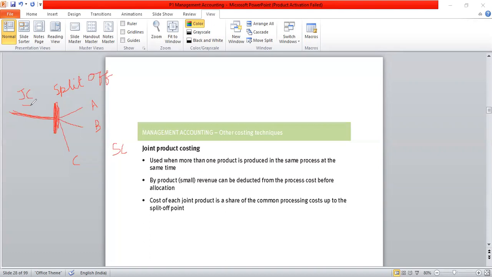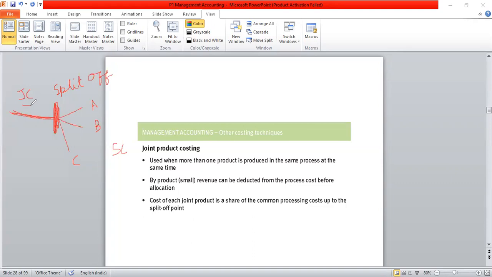Then at some point they get split out into different products, and from the split off point, any other cost which is needed will be accounted separately as after separation cost or separable cost.